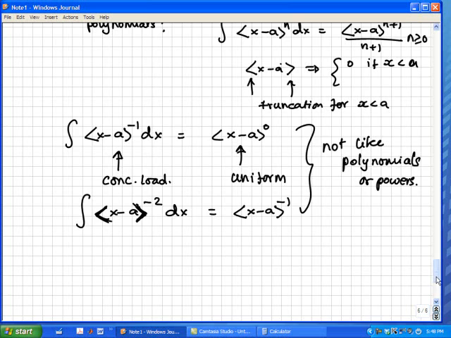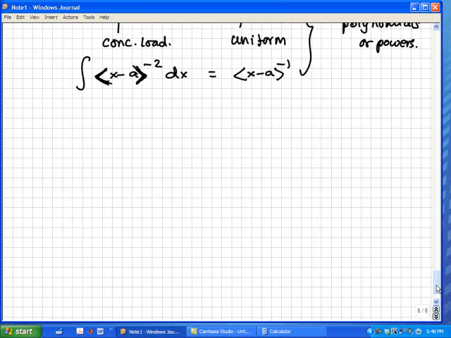Now with this rule, let's try something more interesting, which is the following problem. Beam, and I have my roller here. So it's a beam with an overhang.